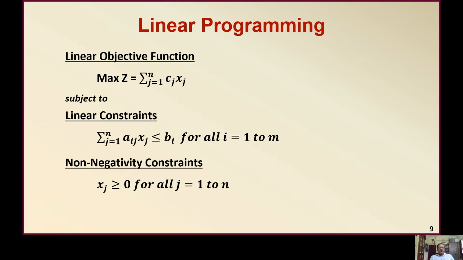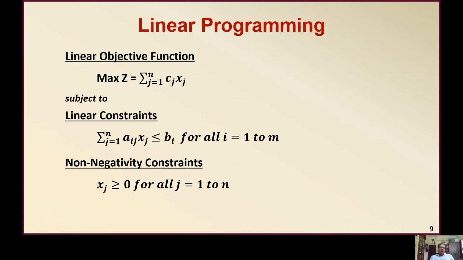So if there are 4 different activities or decision variables, then there will be 4 such terms, and their sum, where aij is how much resource is required for making 1 unit of xj.